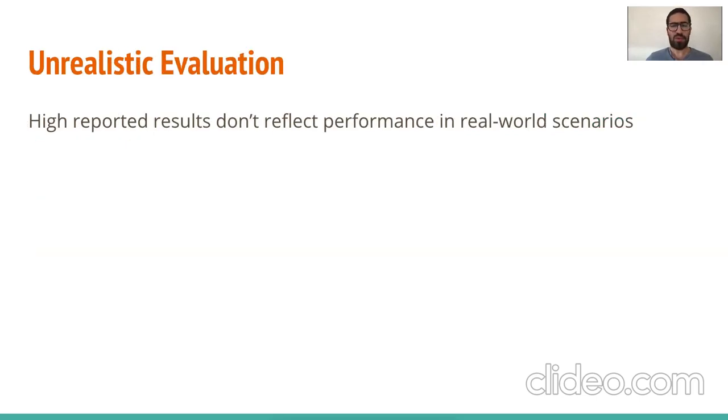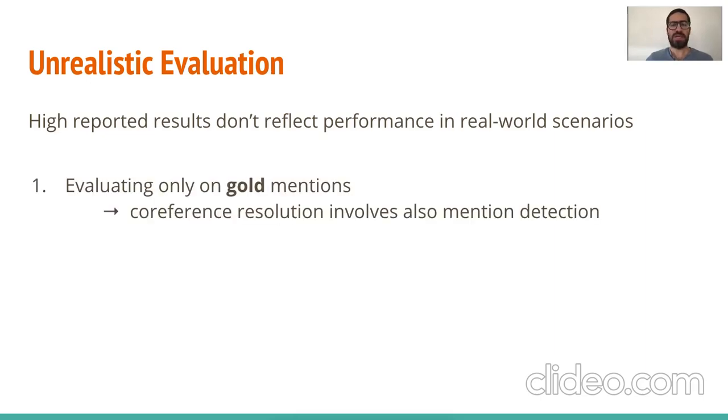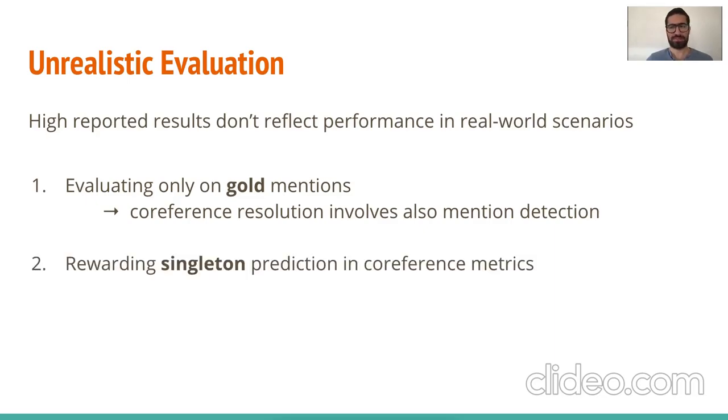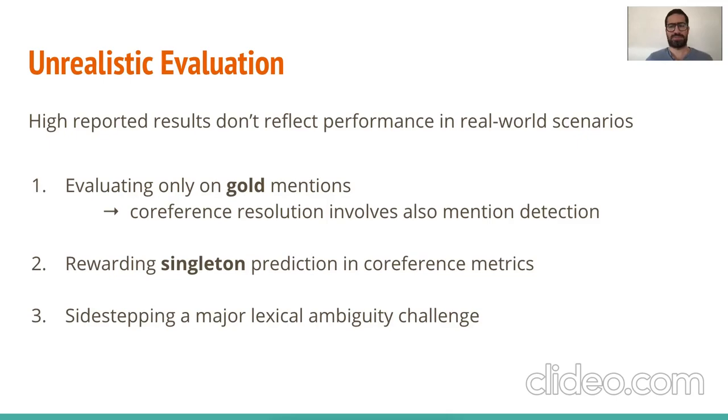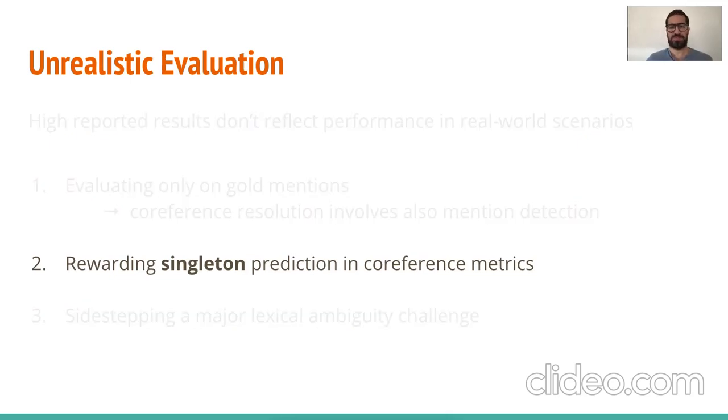In fact, we observe that the high reported results don't reflect realistic performance. And this is because of three main reasons. First, models are evaluated only on gold mentions, while coreference resolution also involves mention detection. Second, singletons are rewarded in coreference metrics and can distort results. Finally, models sidestep the lexical ambiguity challenge.